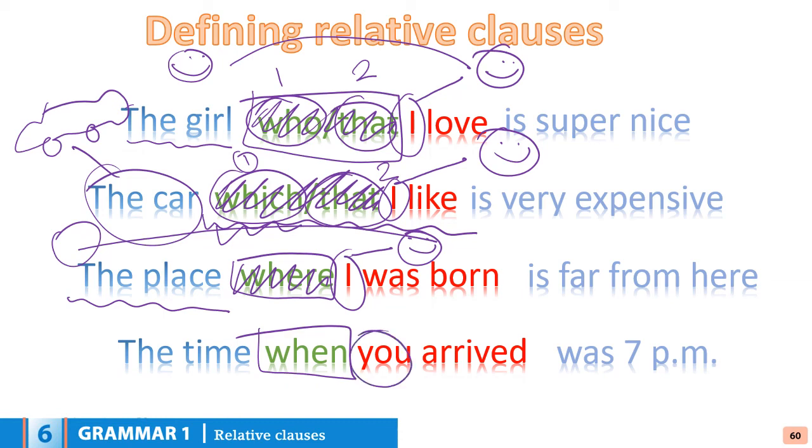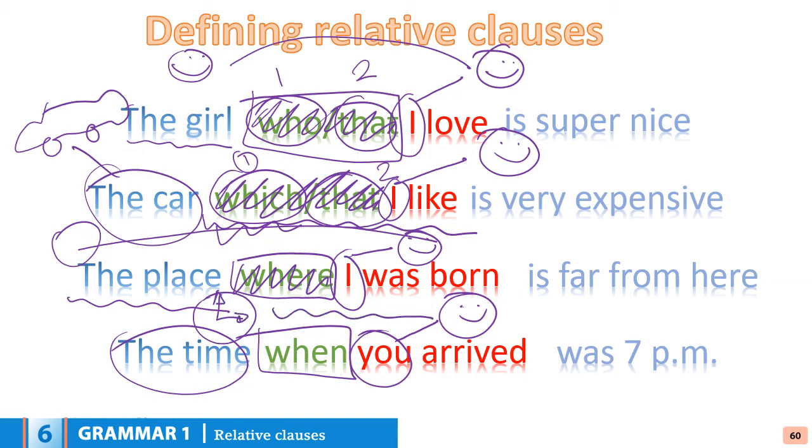Because after when, you have a subject, and this subject is different from the subject here, the time. Okay? So just because this subject is different from this one, we can remove it. The time you arrived was 7 p.m. Okay.